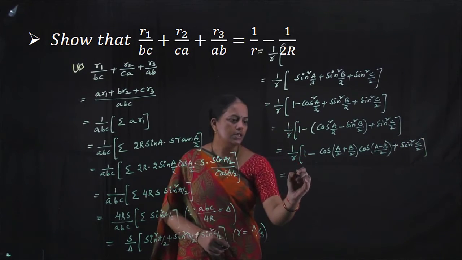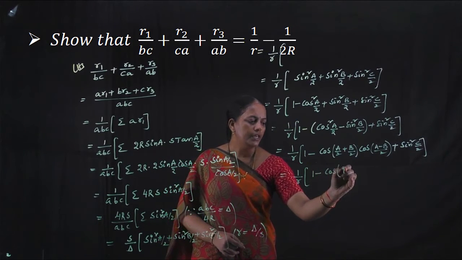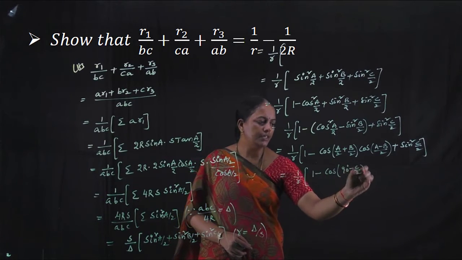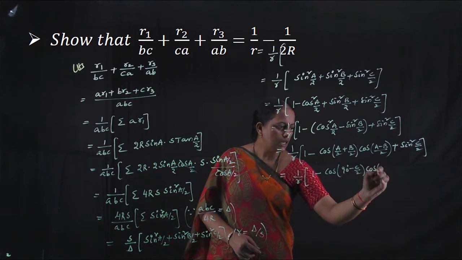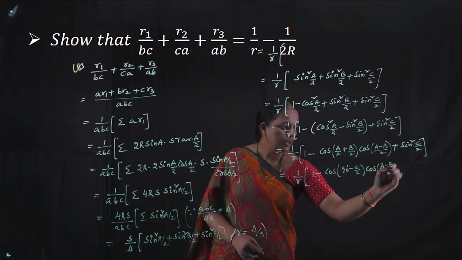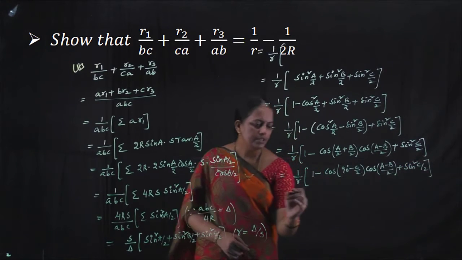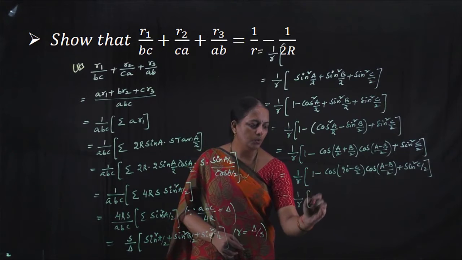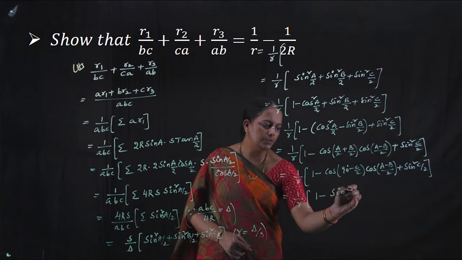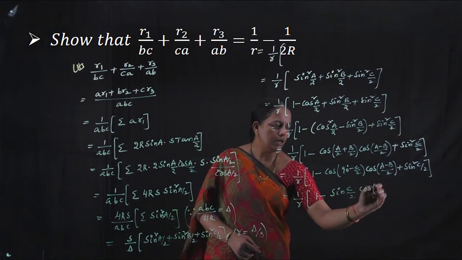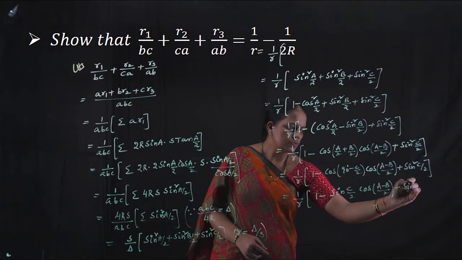Okay, this is equal to 1 by r into 1 minus cos of A by 2 plus B by 2, which means 90 minus C by 2, since A plus B plus C is equal to 180, into cos of A minus B by 2 plus sine square C by 2. Okay, this is equal to 1 by r into 1 minus cos 90 minus C by 2, which means sine C by 2, into cos of A minus B by 2 plus sine square C by 2.